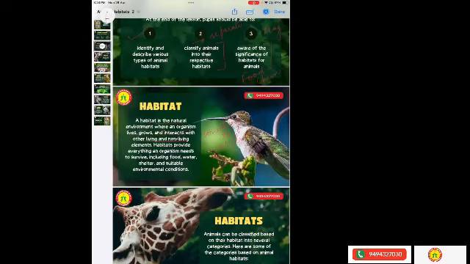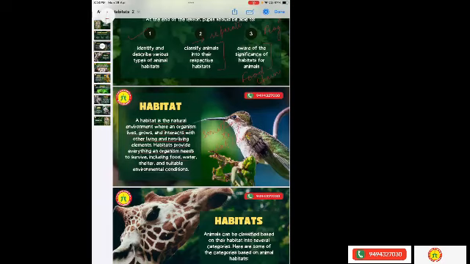Like this, all the animals, wherever they live, will be interacting with the living and the non-living components. Habitats provide everything an organism needs. The place where they live provides them food, water, shelter, and suitable environmental conditions.